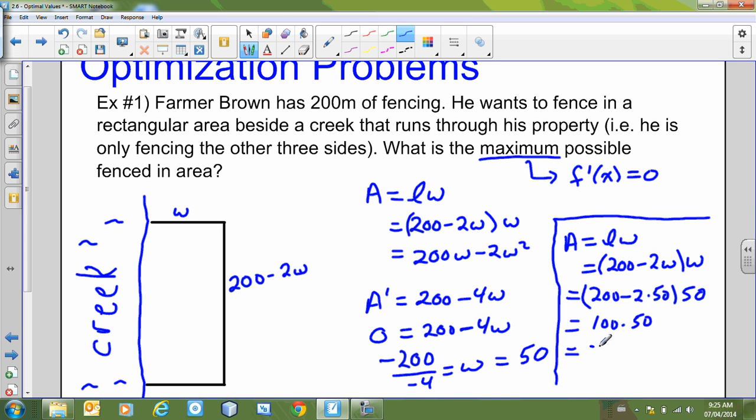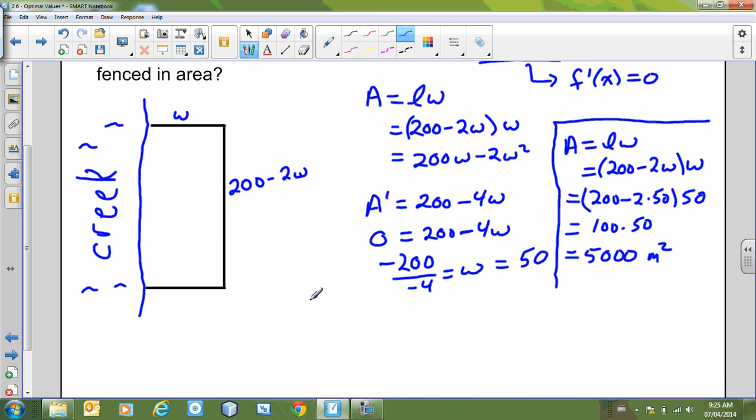And the area ends up being 5,000, and I guess meters squared in this case. And so because it's a word problem, I should probably finish it appropriately and actually answer the question. Therefore, the maximum area is going to be 5,000 meters squared.